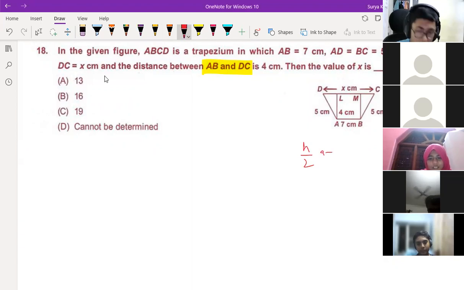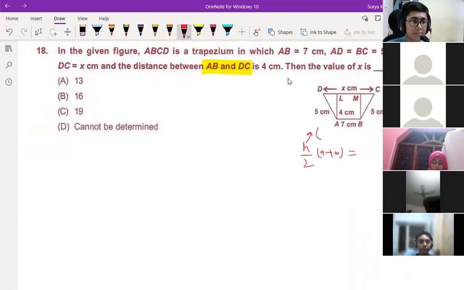H by 2 into a plus b. H is nothing but the distance between parallel lines, right? So you can say half into sum of parallel sides into distance between them.